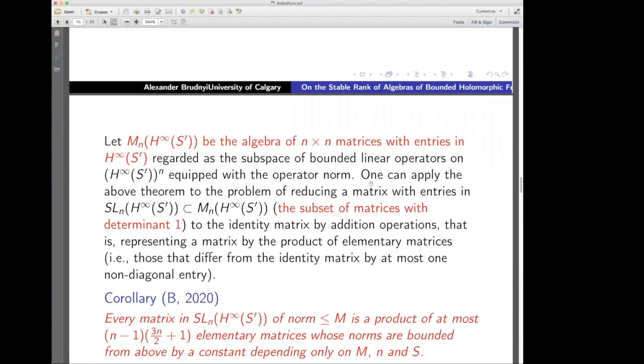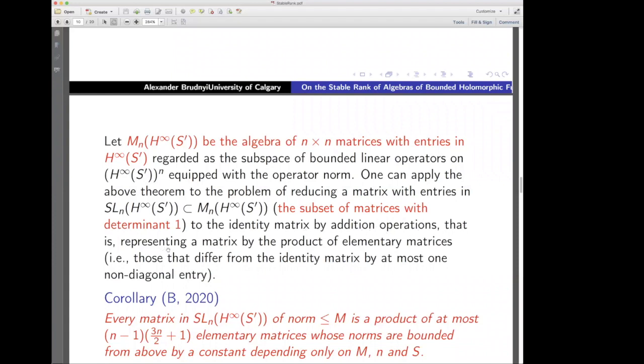So we can apply the previous result to the problem of reducing a matrix with entries in H infinity(S prime), in SL_n, which is just the subgroup of matrices of determinant 1, to the identity matrix by addition operations.